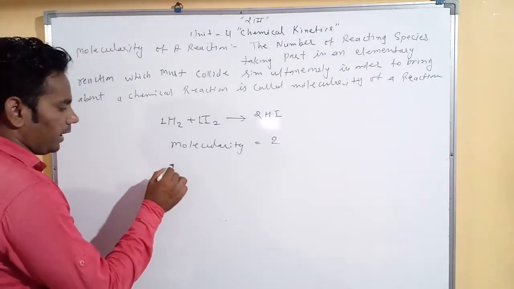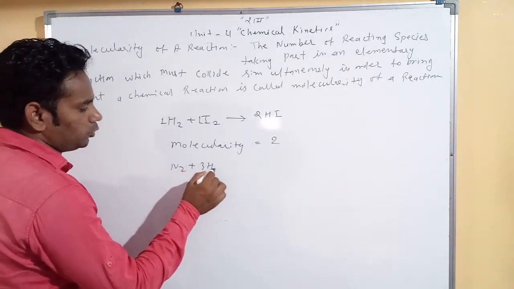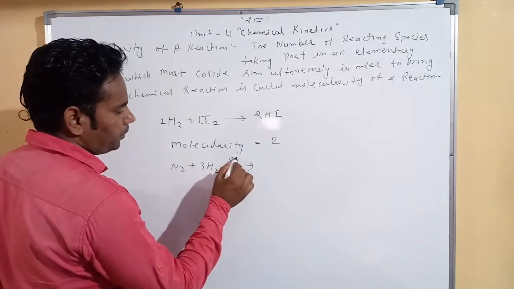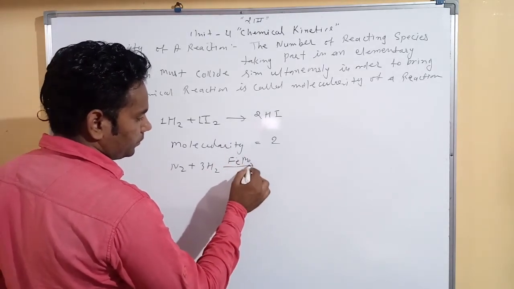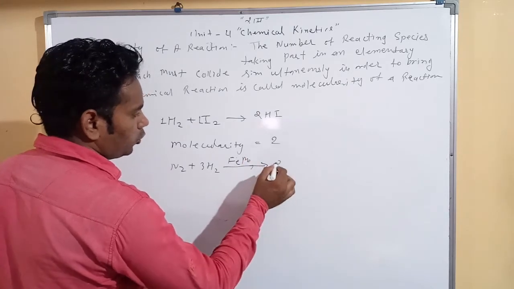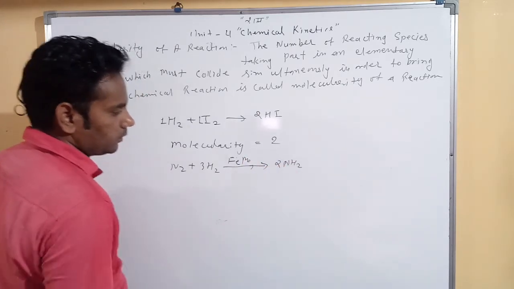Okay, now N2 plus 3H2, in the presence of Fe and Mo, 2NH3 is formed.